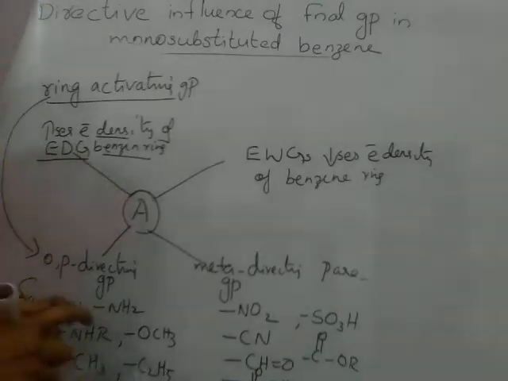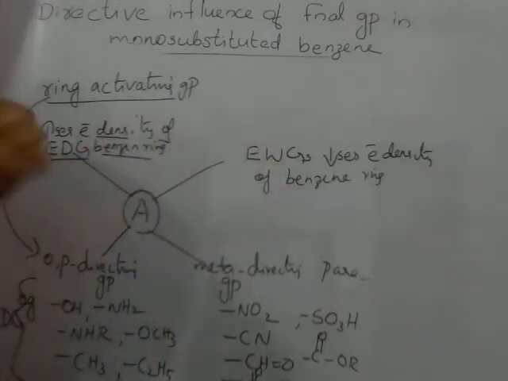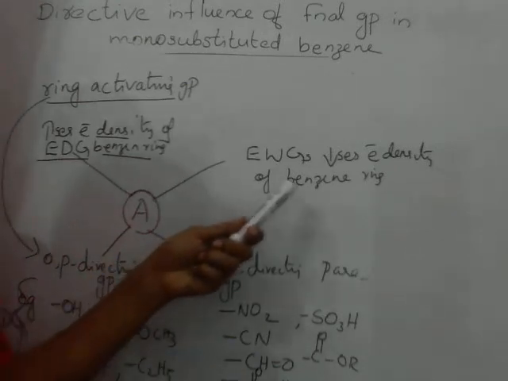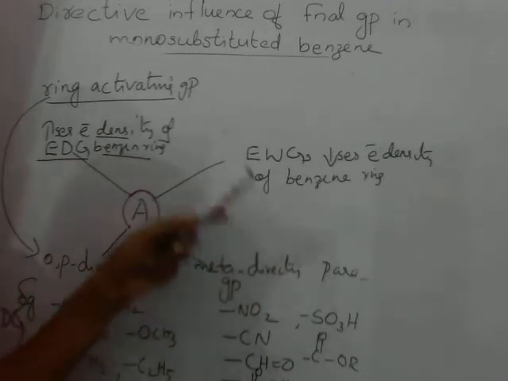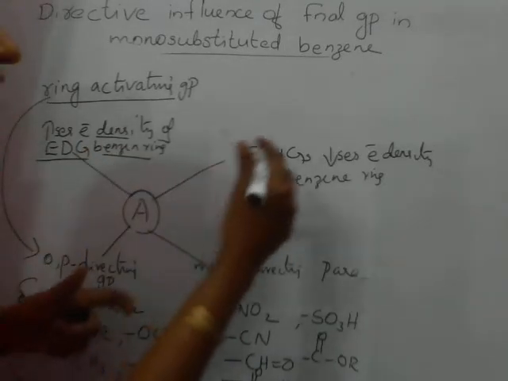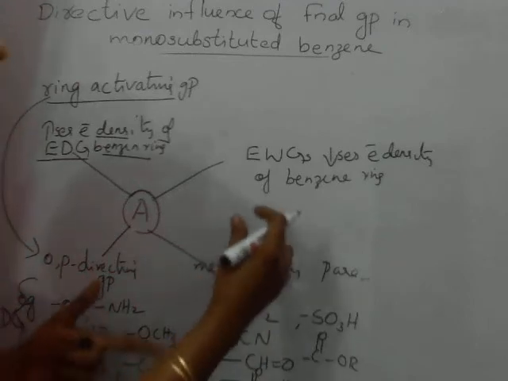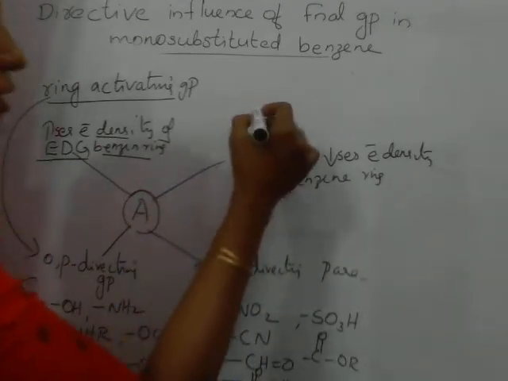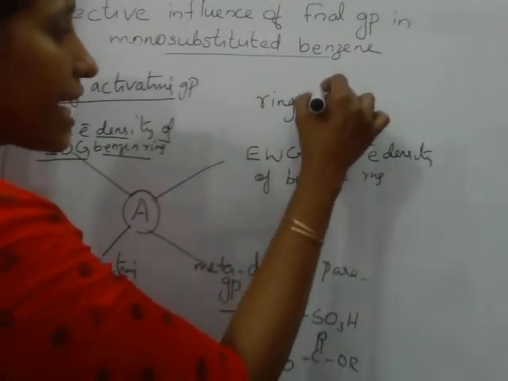When the benzene ring contains such groups, its electron density is reduced. So electrophilic attack of the electrophile on the benzene ring is reduced. Such groups deactivate the benzene ring towards the attack of electrophile. Such groups are called ring deactivating groups.